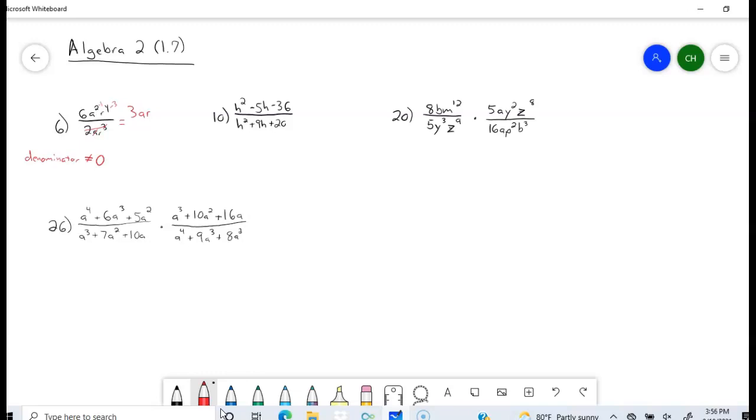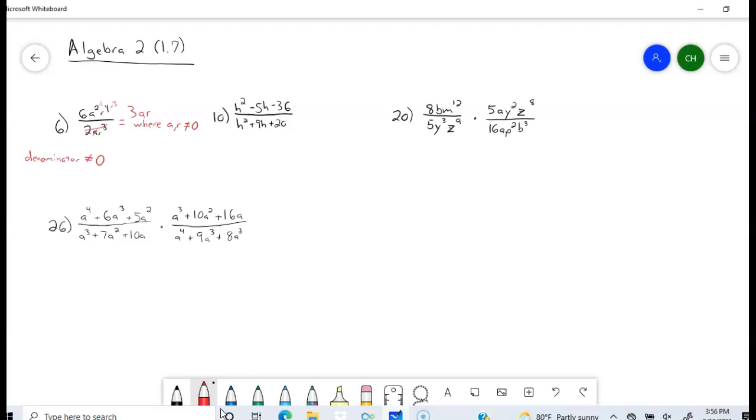We knew before we started that a cannot be 0 because it would make that whole denominator 0. That r cannot be 0 because that would make it 0 too. So I'm not done. I have to write where a and r are not equal to 0. If I don't put that, I haven't finished my answer.